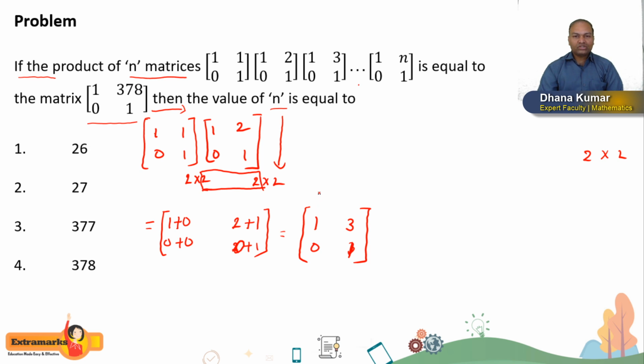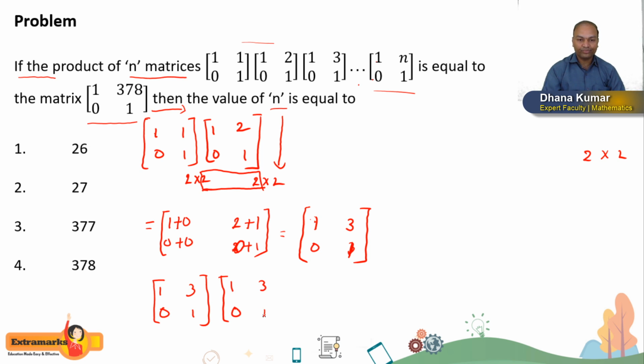Now just observe this. Suppose you are taking a third matrix, 1 3 0 1, here the numbers are different. The first two matrices' multiplication answer is this one. This into the third matrix, what will happen? So 1 into 1, 1; 3 into 0, 0; 1 into 3, 3; 3 into 1, 3.